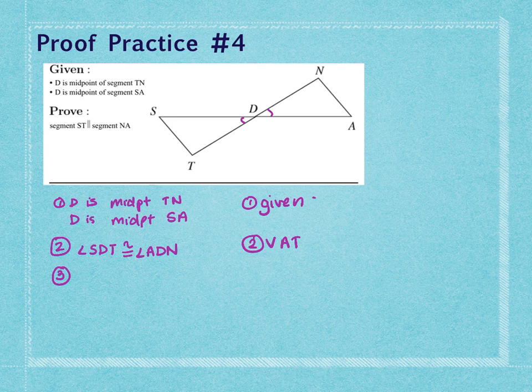Now from your given, you know that D is the midpoint of TN, which means TD is congruent to DN, and SD is congruent to DA. Because they have the same reason, you can list them in the same step, and that reason is the definition of a midpoint.